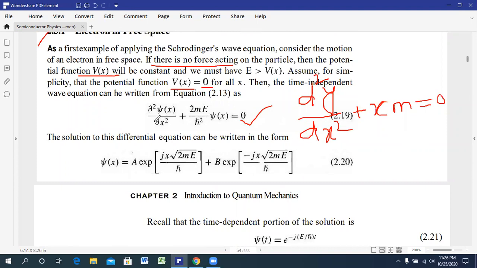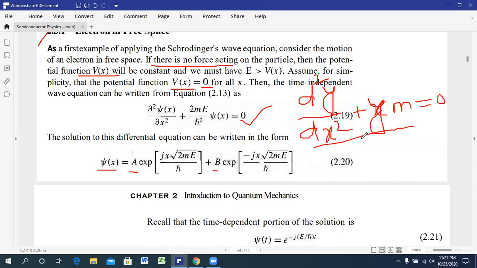The second order equation looks like this, where y is the psi of x and m equals 2mE divided by h bar square. The solution of this differential equation, the generalized form, is psi of x equals a times e to the power j m x plus b times e to the power minus j m x.